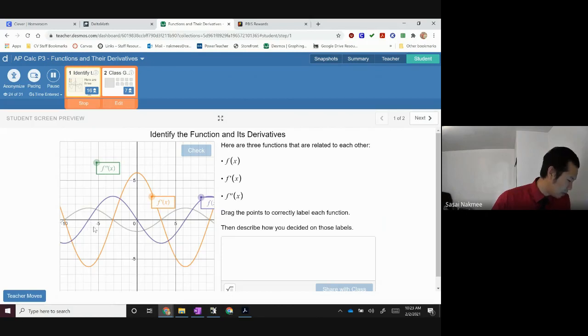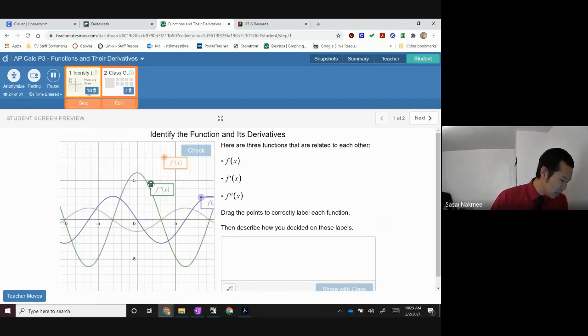Wait, no, that's not a critical point. The critical point's over here, right here at -10. But again, here's my issue. From -10 all the way up to -3, the function is increasing, meaning the derivative should be positive. And it's clearly not positive there. So that right there is not the derivative of that.